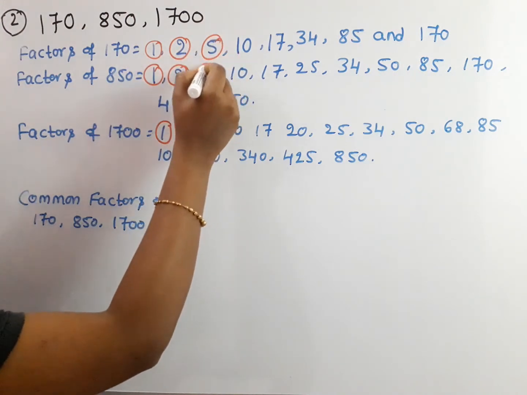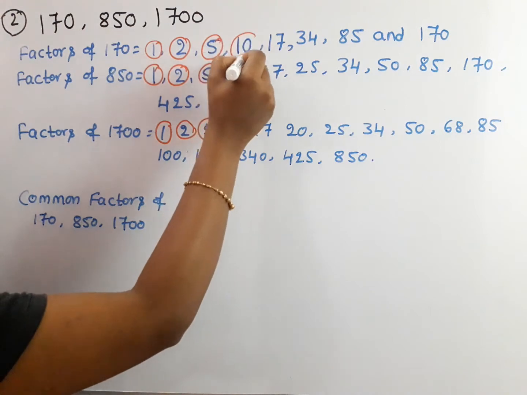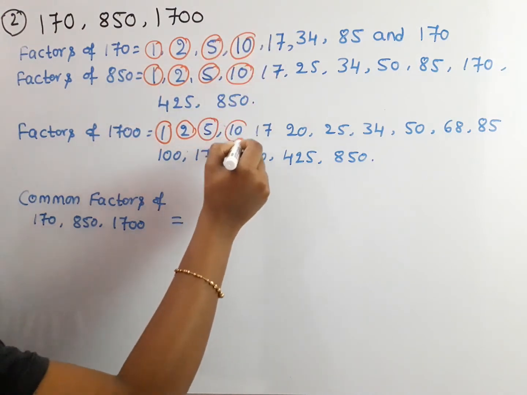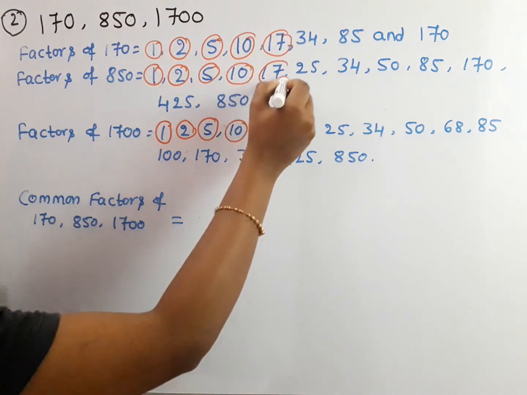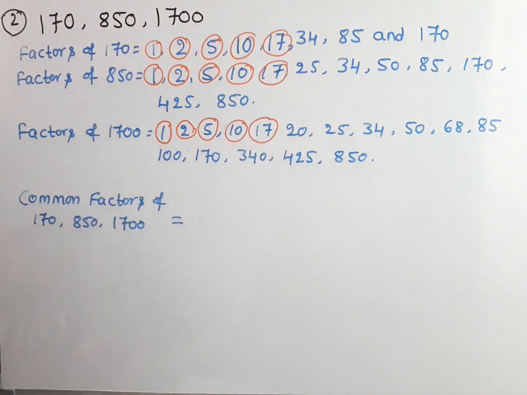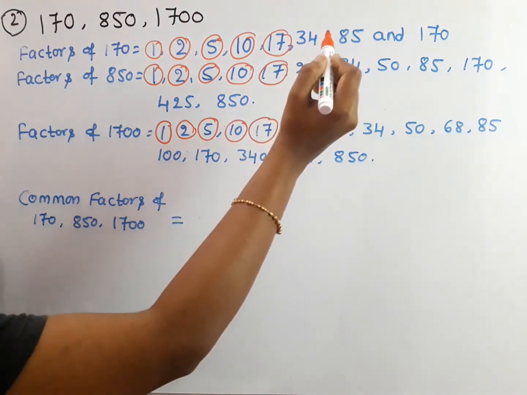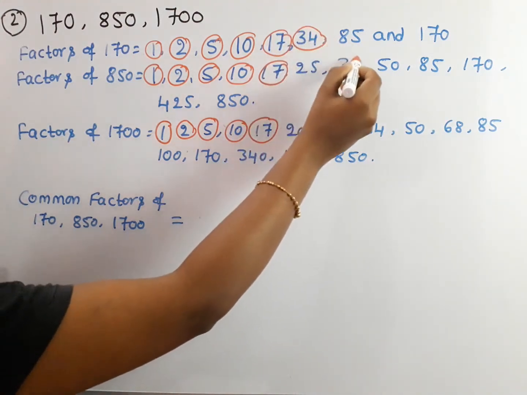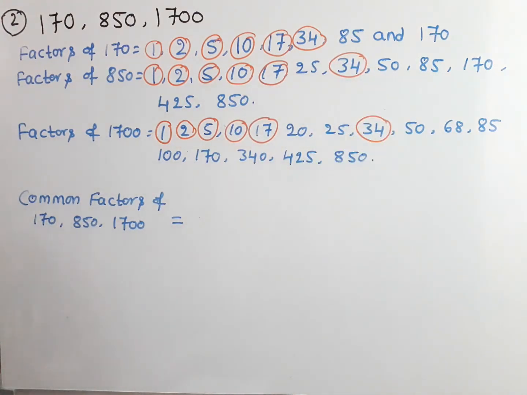Then 5 is also a common factor. Then 10 is also a common factor. 17 is also a common factor of 170, 850 and 1700. Then 34. Here 34 is also a common factor.